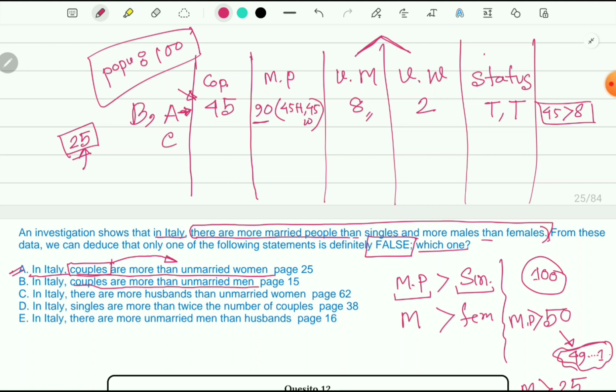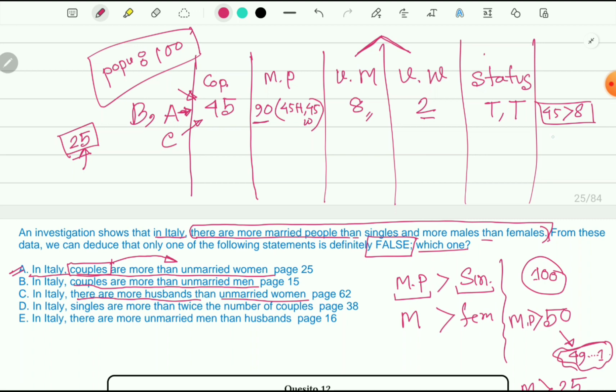Let's talk about C. There are more husbands than unmarried women. Okay, so we can use the same case study here. We can see that husbands are 45 and unmarried women are just 2. So that's also true.